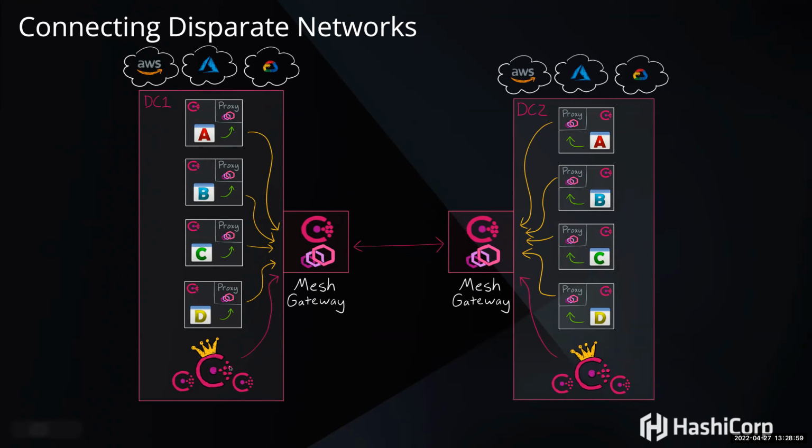For example, on the left side, I may be running on a kube cluster that is running an RFC 1918 address, and the same thing on the right side. So overlapping IPs, how do you solve that? Traditionally, networking is very difficult. You have to do dual NAT and all sorts of crazy heroics to solve this. Consul service mesh does it elegantly because we don't really care about the IP. We just route based on the service name. So if service A needs to talk to service D on a different data center, no problem. We'll route it through the mesh gateway.